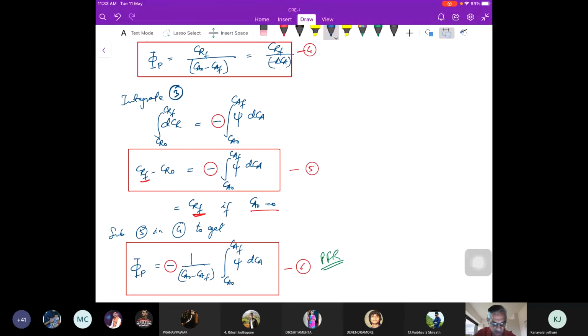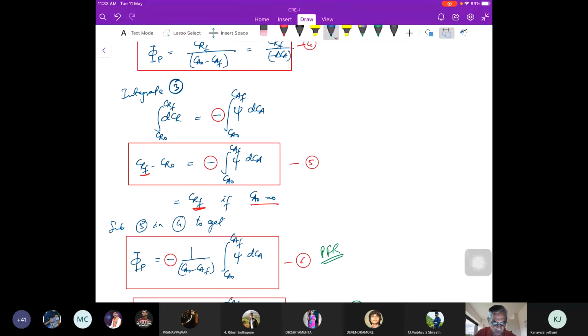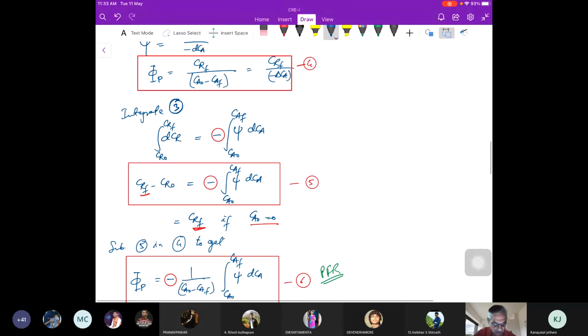And this is nothing but equal to CRF, as CR naught is equal to 0. So if we substitute 5 in 4, what it is, 5P, we are looking at plug flow reactor. This is minus here, right? Because we are essentially substituting for psi, CRF.